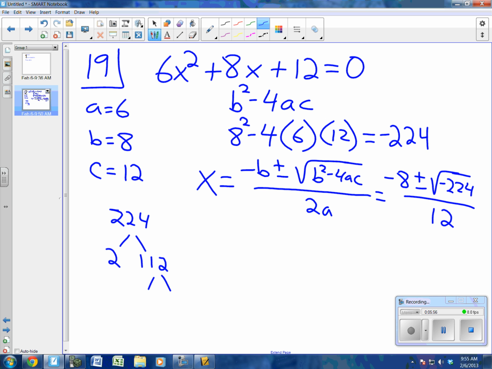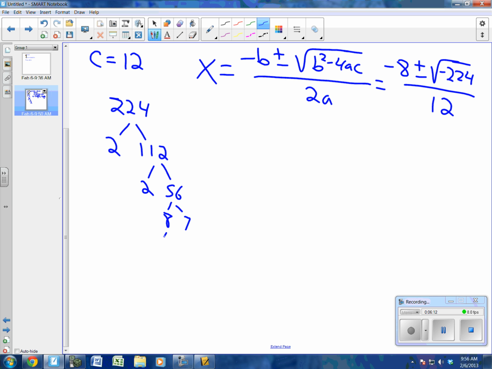How many times does 2 go into it? 56 times? And what are two numbers I can multiply together to get 56? Okay, 8 and 7. And I know that 8 breaks down to 2 times 4, and 4 breaks down to 2 times 2. So let's circle all our pairs. Here's a pair of 2's. Here's a pair of 2's. Here's a 2 that doesn't have a pair to go with, and here's a 7 that doesn't have a pair to go with.